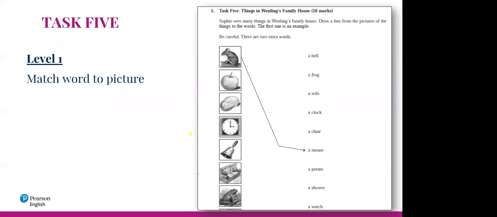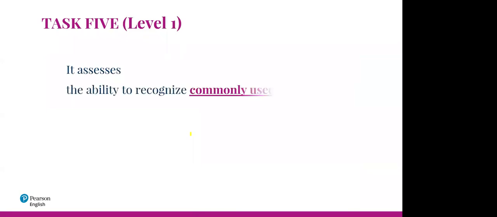As simple as that. A list of words on the right and a list of pictures on the left, and they simply match one to another. This is the task that assesses the ability to recognize commonly used nouns. Just commonly used nouns.